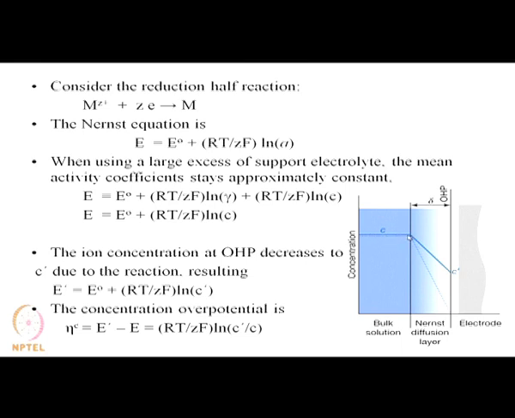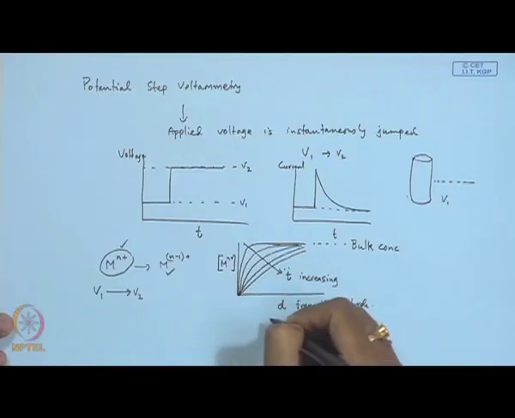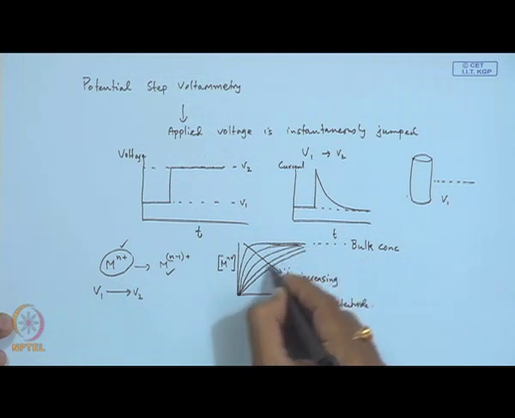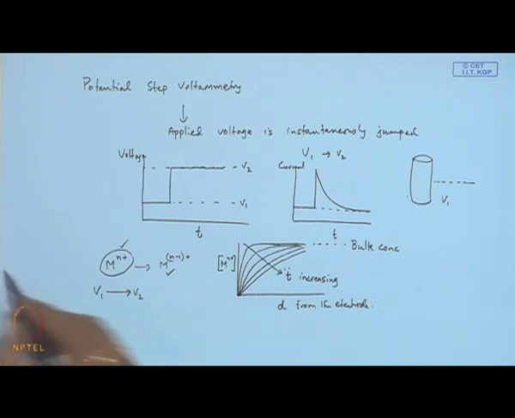It was C, now it has decreased to some value C prime, as I have shown you, with distance. This is your bulk concentration, and this is the concentration at the electrode, which is always 0 because electrolysis is occurring; reaction is taking place at the electrode.